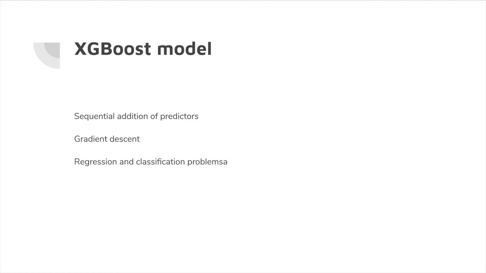So, in the end, you are updating your model using gradient descent and hence the name gradient boosting. This is supported for both regression and classification problems. XGBoost specifically implements this algorithm for decision tree boosting with an additional custom regularization term in the objective function.